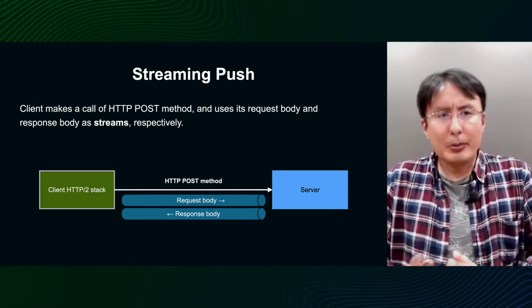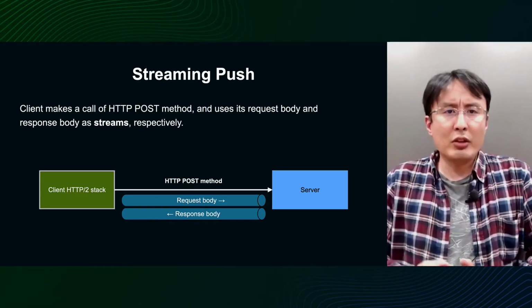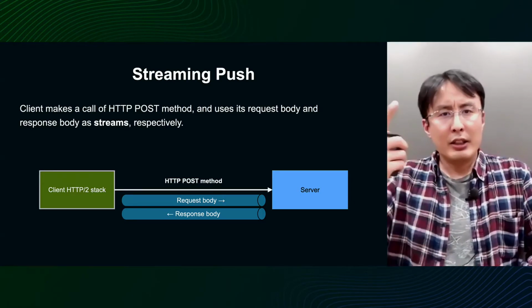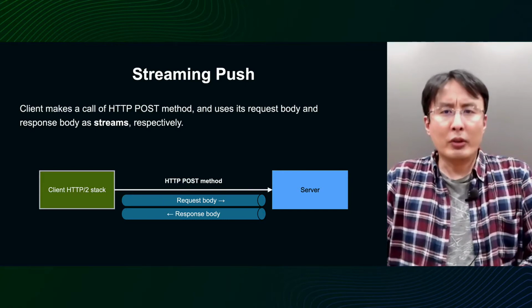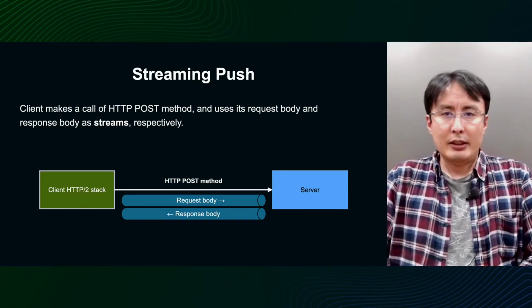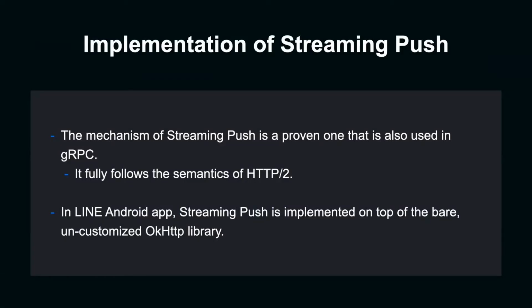In other words, the request body of an HTTP POST call is treated as an upstream, and the response body is treated as a downstream, and two-way communication is performed. This mechanism used in streaming push has been used in gRPC and is fully compliant with HTTP2 semantics.